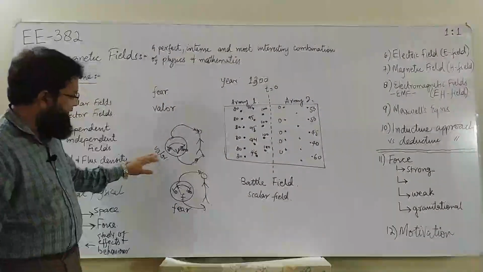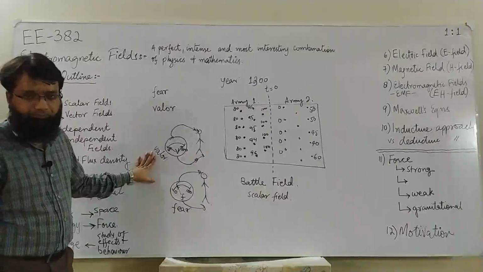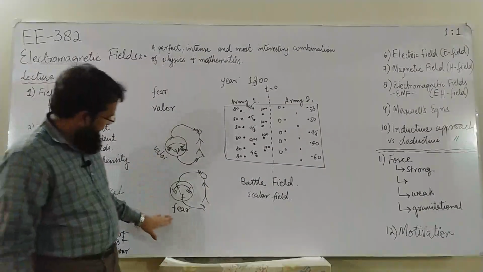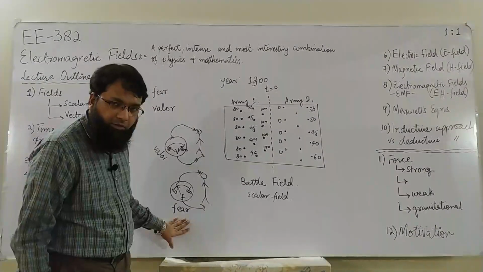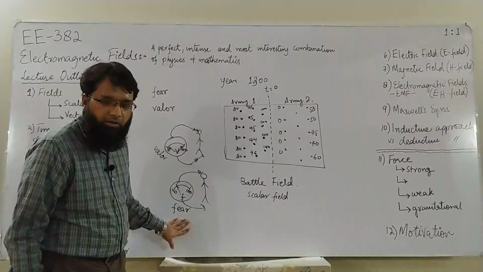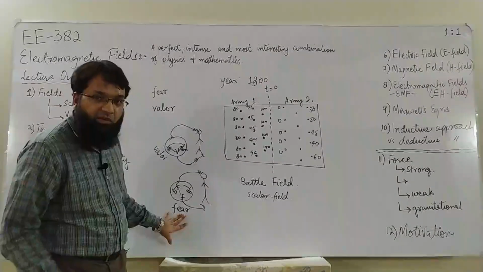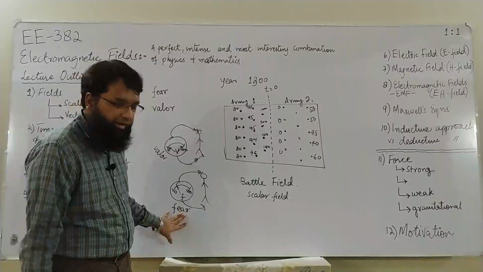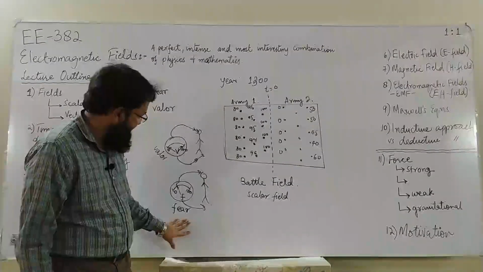Why? Because the effect which we are interested in is a scalar quantity. And same fear. You never say I am feeling afraid today in the direction of south. No. Right? So because fear is a scalar quantity. If it were a measurable quantity, it would have been a scalar quantity, right?